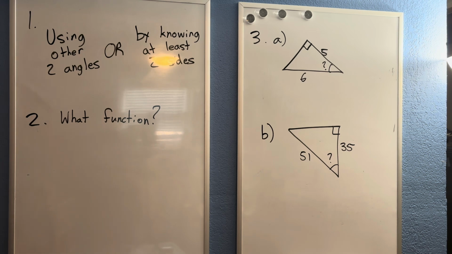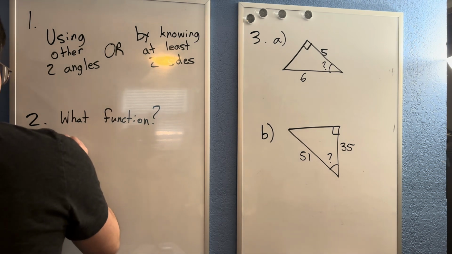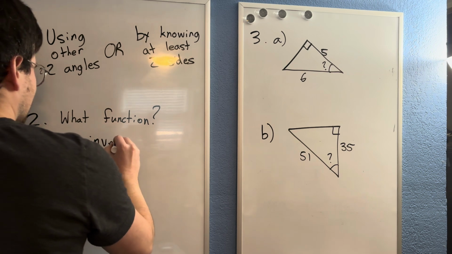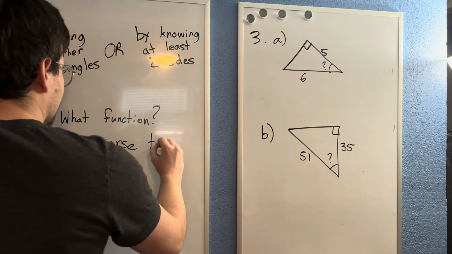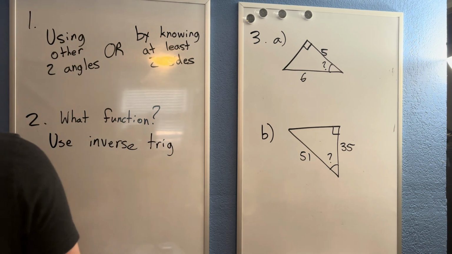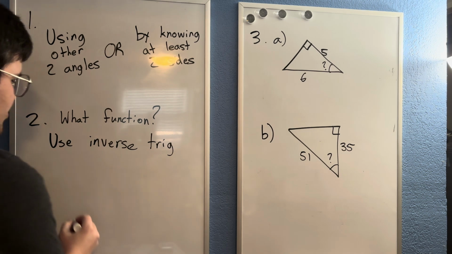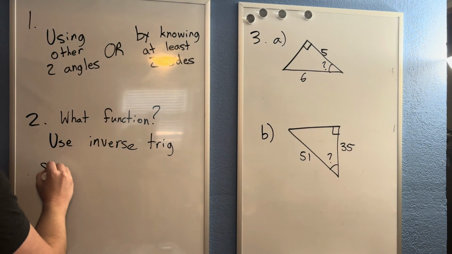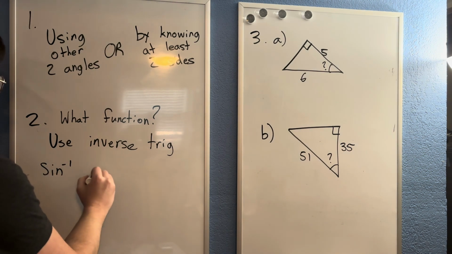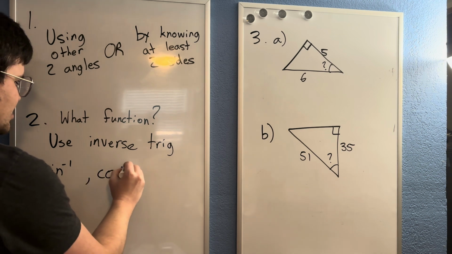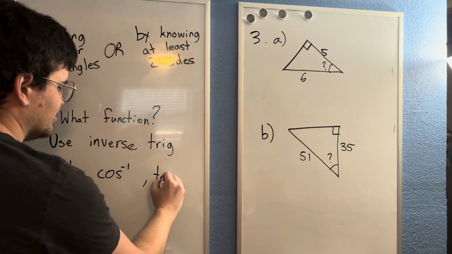But to find an angle, I need the inside of the parentheses of those functions. So to find that angle, I need to use inverse trig functions. Those are going to look like sine inverse, cosine inverse, or tangent inverse.